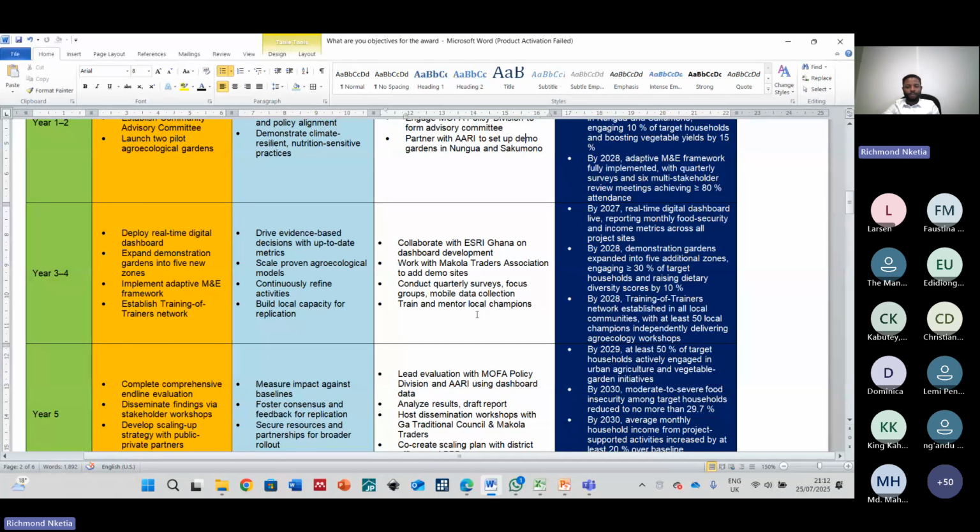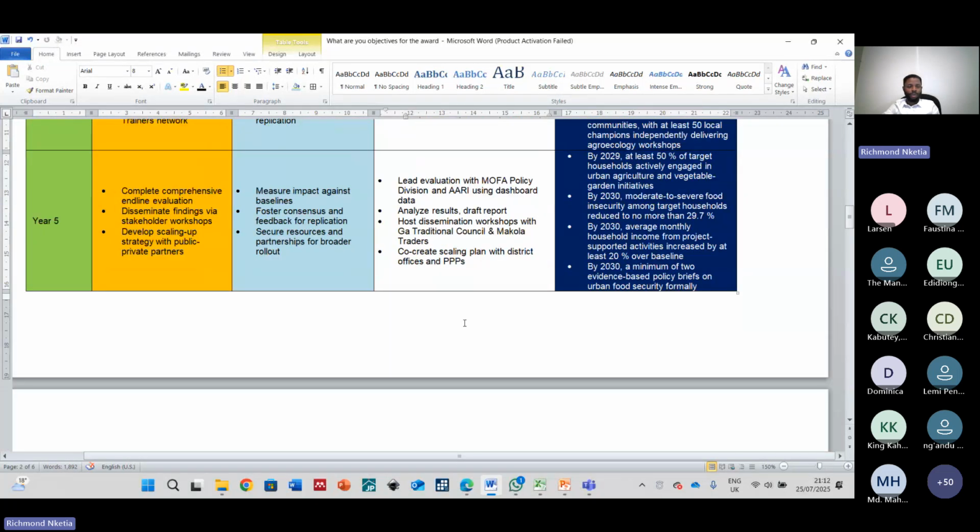And then I'm going to train and mentor local champions, which is very important. Not necessarily only when I'm not there, it's a sign of growth and development. So I start alone, or I start with some partners, and I've been able to train, say, 2,000 local champions who now are able to do these agroecological gardens.